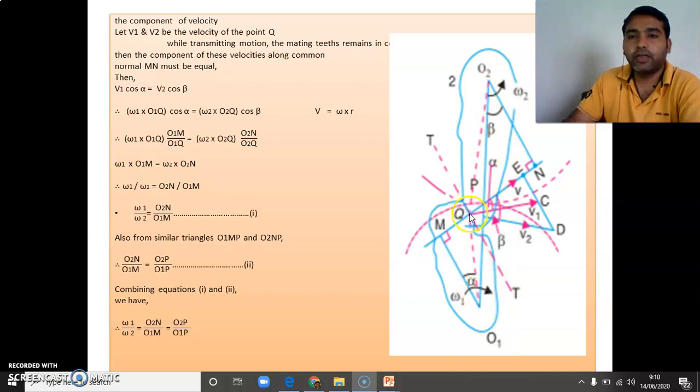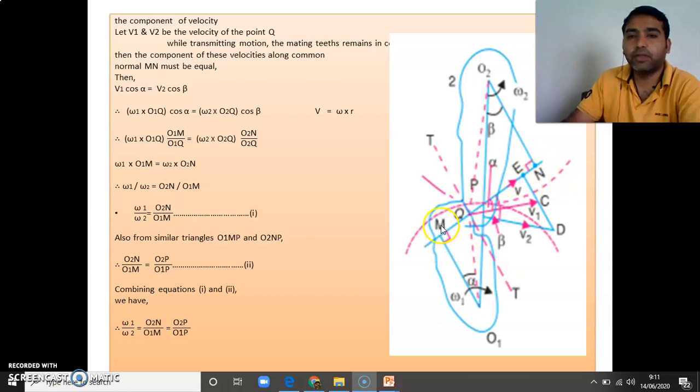Both gears have teeth that meet at this point, called the contact point Q. Both gears have pitch circles, which meet tangentially at this point, called the pitch point P. Draw the tangent line TT through the point Q, and draw the common normal to this tangent through the contact point, which must pass through the pitch point. That line is denoted by MN.